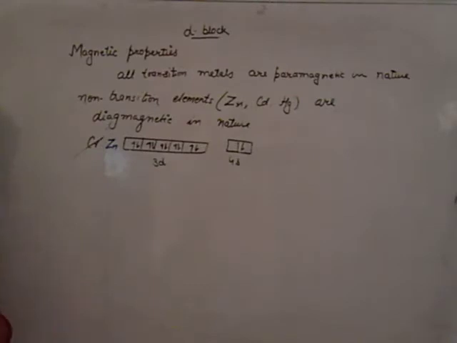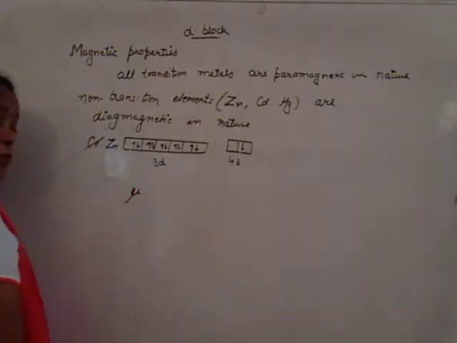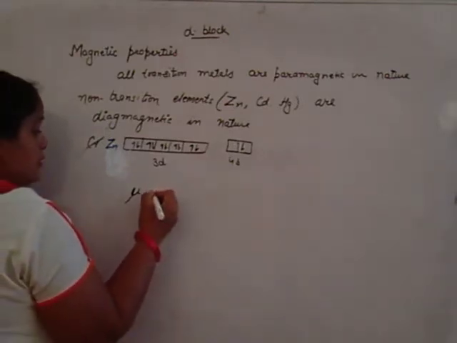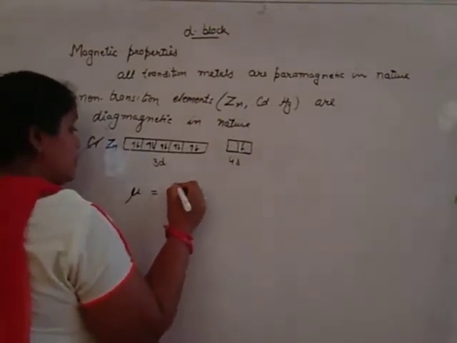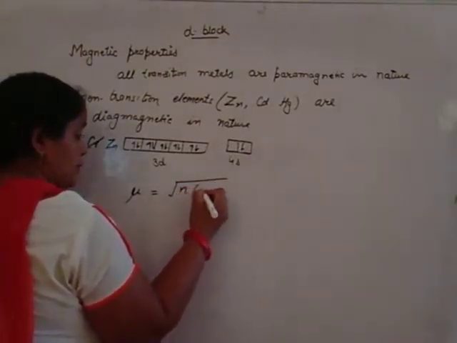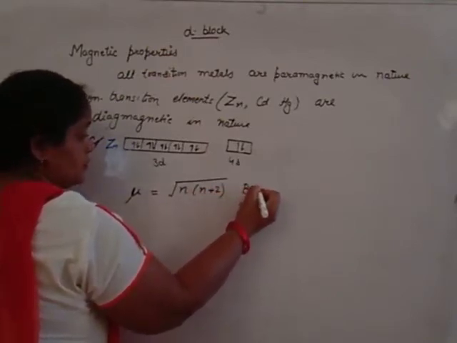Magnetic behavior of d block elements is calculated by using the magnetic moment, mu. The magnetic moment is calculated by using the formula root of n into n plus 2, in Bohr magneton.